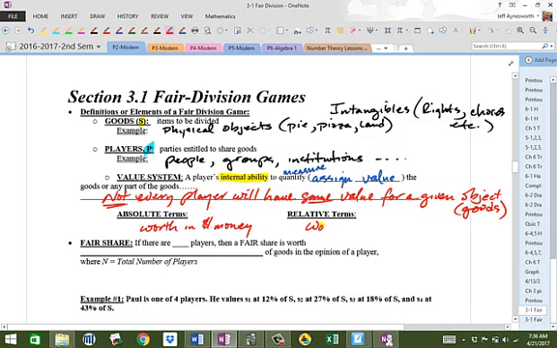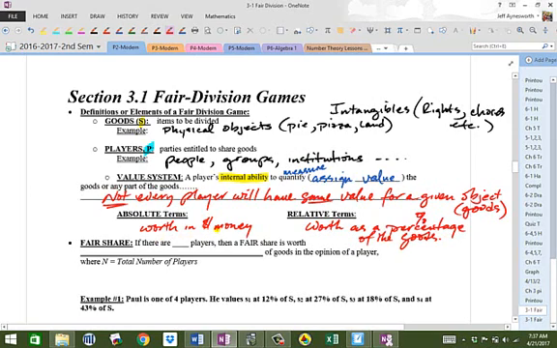So in that case, we're talking about worth as a percentage. You're going to see both types of examples in not only our lesson here today, but also your practice, your homework. And don't worry about that. I will show you examples for both. So sometimes you're dealing with monetary value, sometimes you're dealing with percentage values.